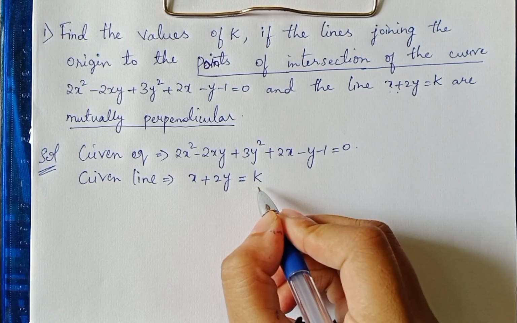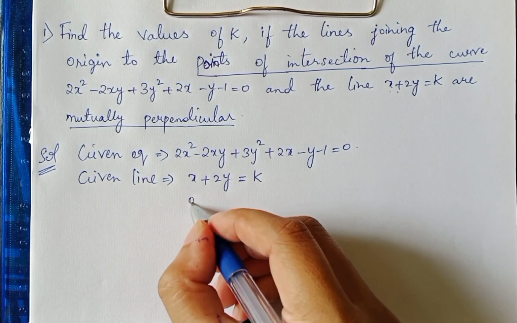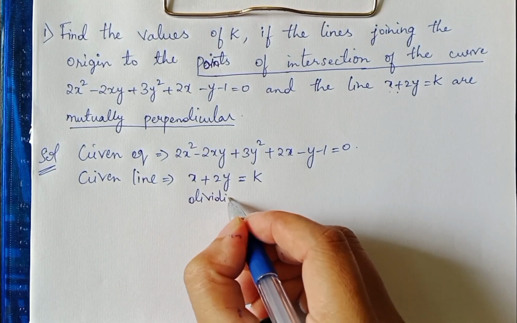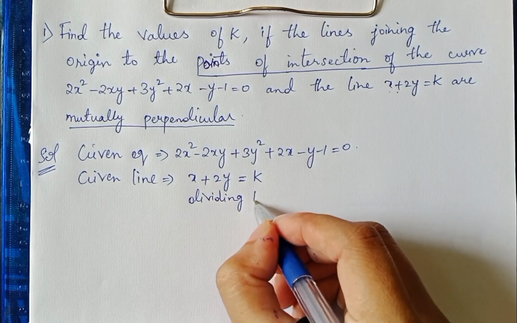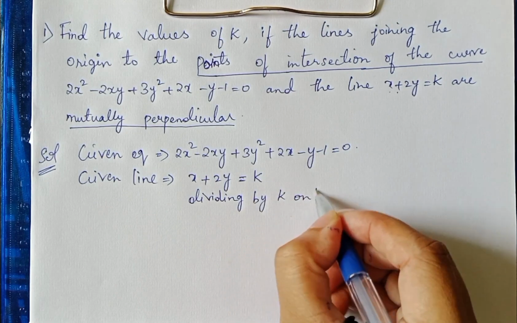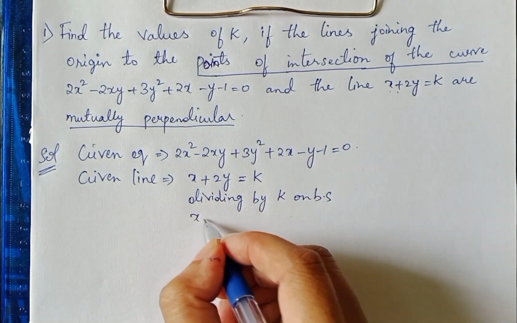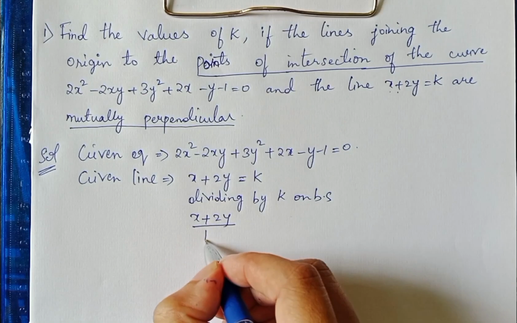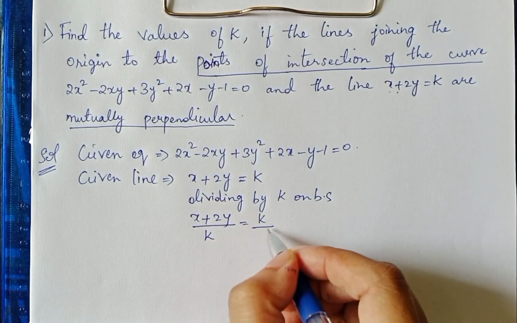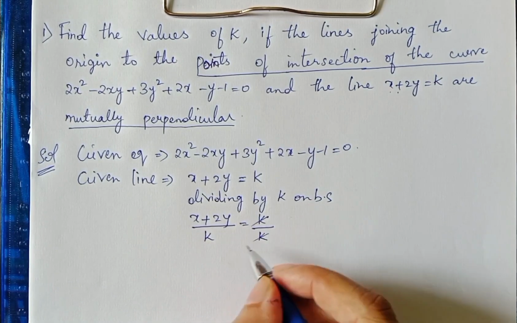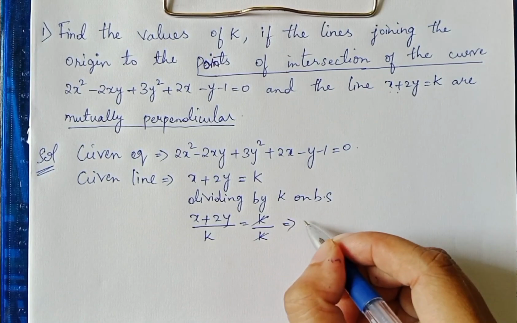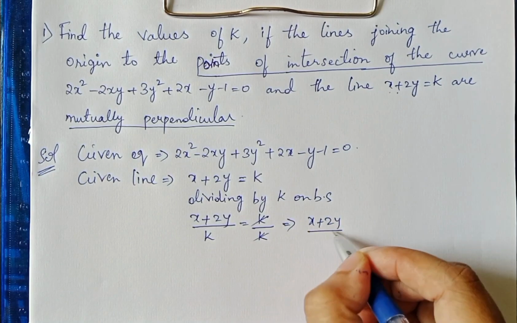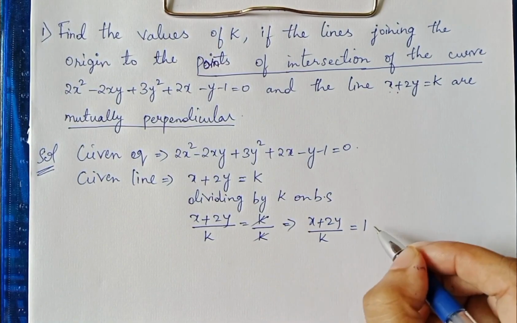So this k should become 1, so we should divide the equation by k. Dividing by k on both sides, it is x plus 2y by k equals k by k. So this cancels. Therefore it is x plus 2y by k equals 1.